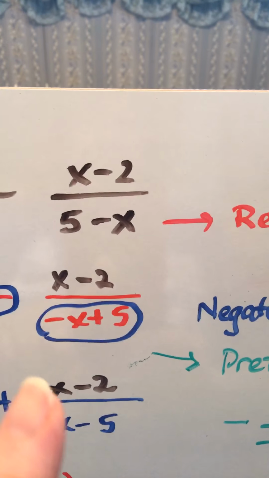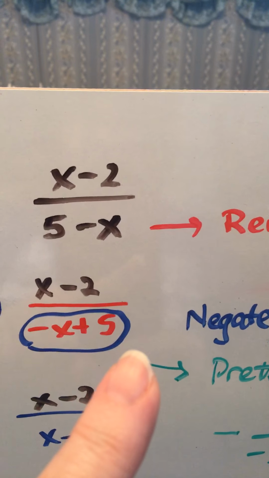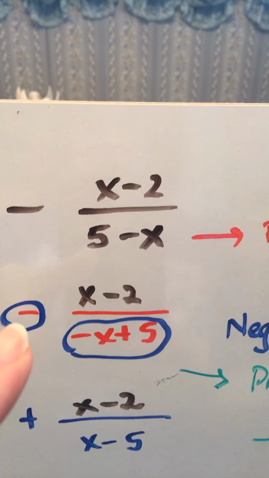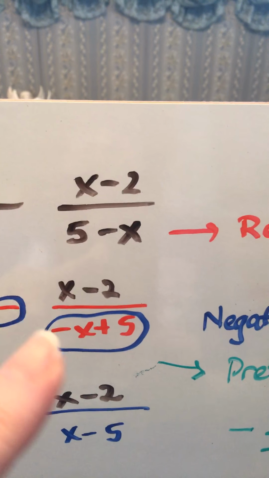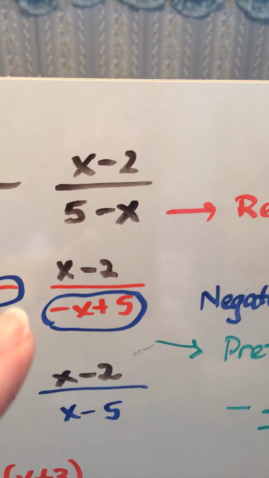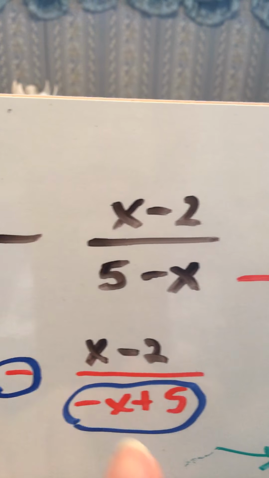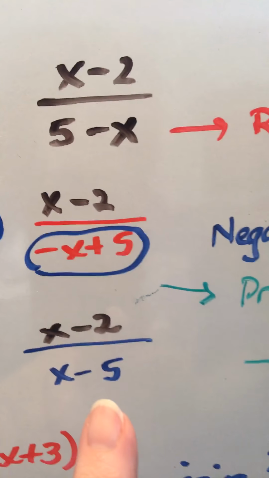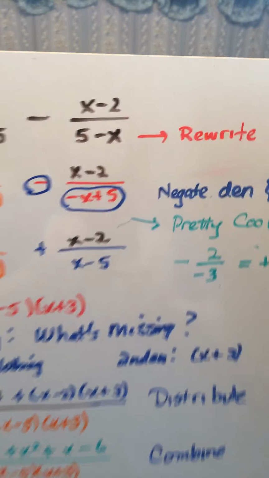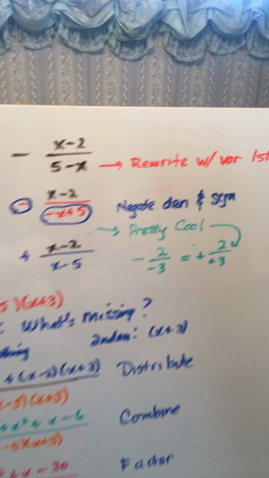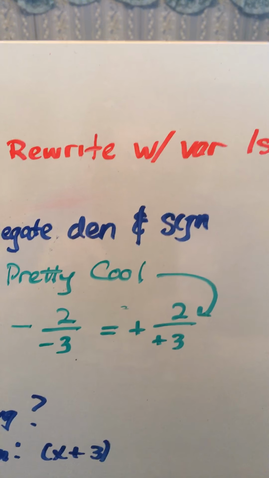I rewrite it in the negative x plus 8 as usual, but rather than negating these two, I can just say, oh, this negative times this negative, negate, pause, and now if I do negate here, I'm now positive and I've negated, and I've left my numerator as is. I think that's pretty cool to go back and use what you already know.